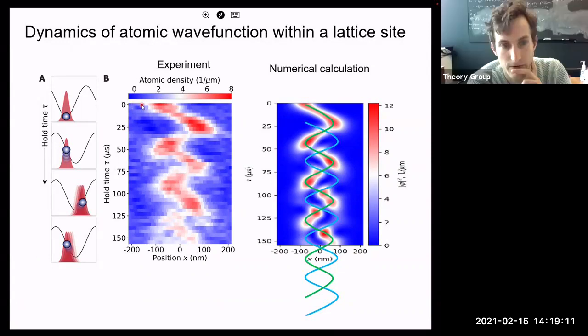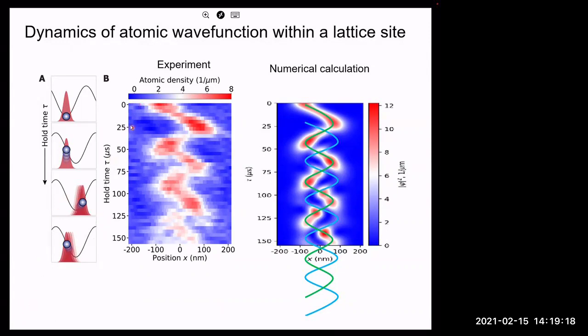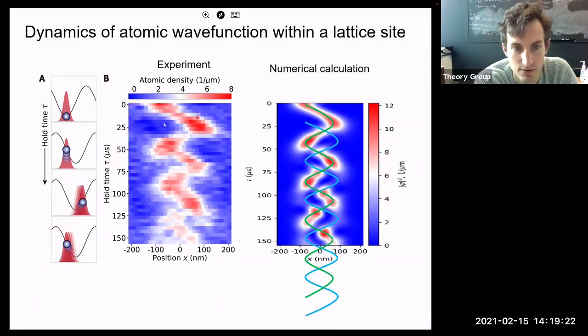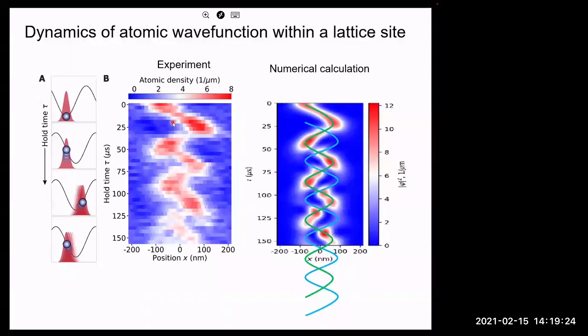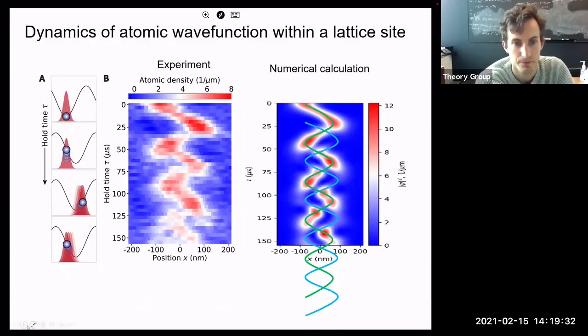So every small square is one experiment? That's right. One independent experiment, all based on different atoms. But we always give them the same initial condition before we release them. Okay, thank you.